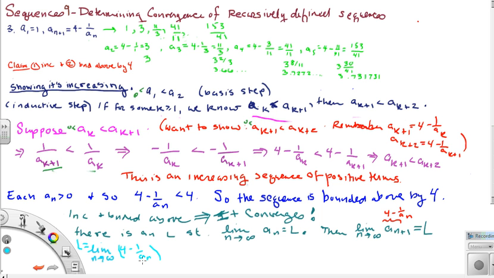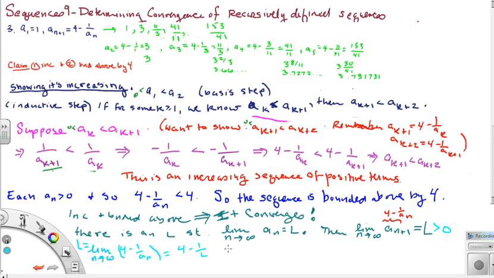But on the other hand, we know where a_n is going, and it's going to something bigger than 0, because it's an increasing sequence. It's worth noting that L is bigger than 0. And 4 minus 1 over x is continuous at everything but 0. So this is going to 4 minus 1 over L. And we can use this equation to solve for L.